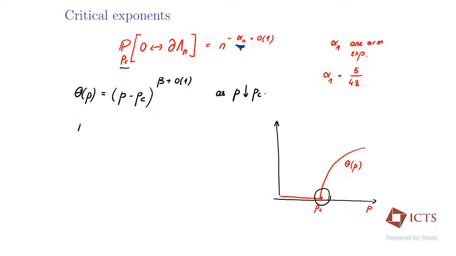So another critical exponent that is very interesting is at PC, you have this sort of probability. So 0, you have here the box of size n, and you can look at the probability not as above to have one connection to distance n, but to have two clusters connecting to distance n, two separate clusters. That means that these clusters will be separated by dual paths, like this.